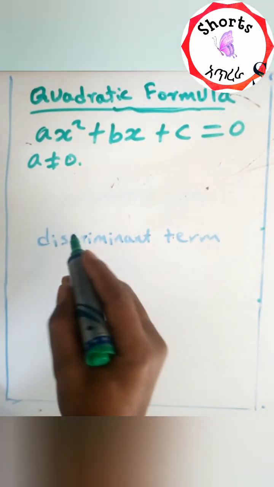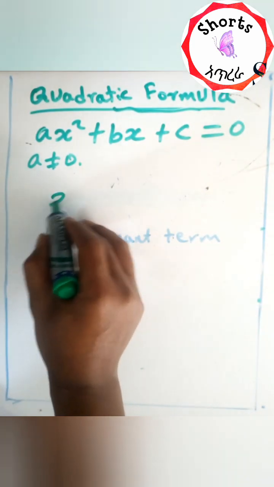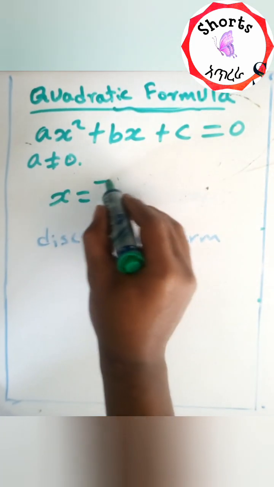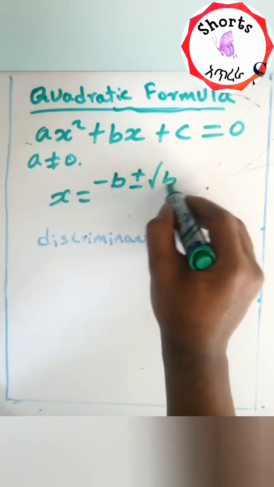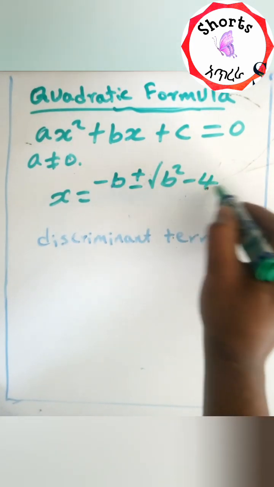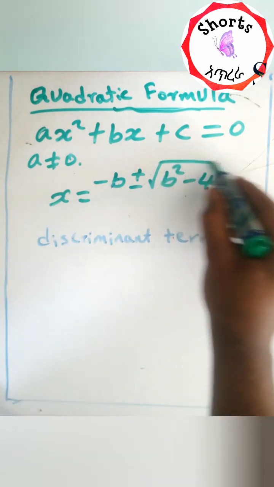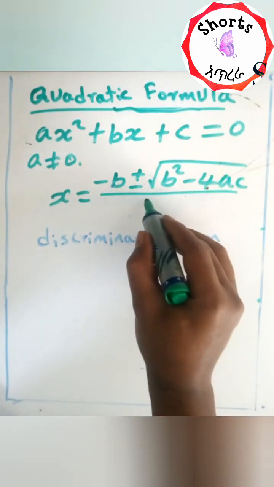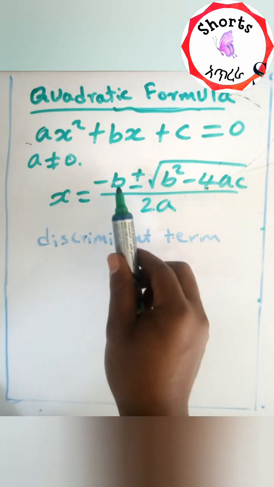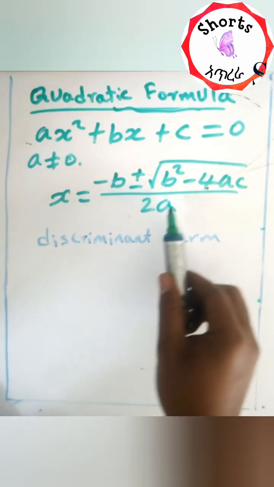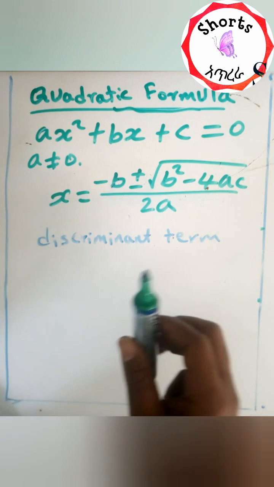This is defined as x is equal to minus b plus or minus the radical of b square minus 4ac, over 2a. All the numbers b, a and c are taken from the given quadratic equation.